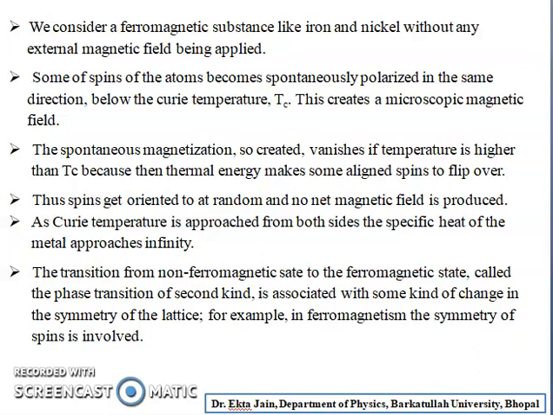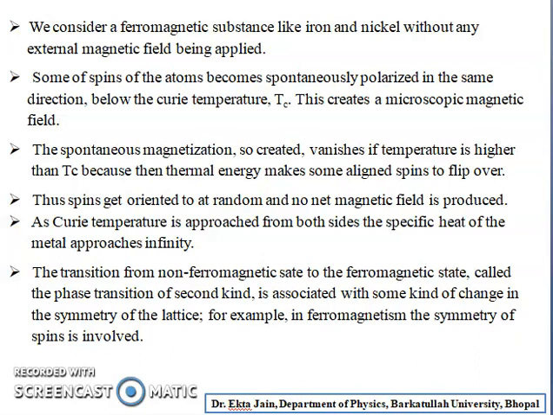The spontaneous magnetization so created vanishes if the temperature is higher than Tc, because the thermal energy makes some aligned spins flip over. It means below the critical temperature there is alignment of the atoms, and when we increase the temperature, the alignment gets disturbed. Thus, spins get oriented at random and no net magnetic field is produced.